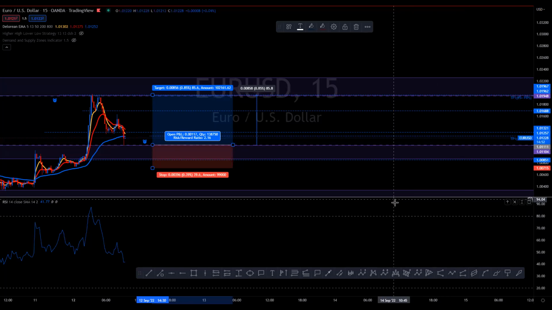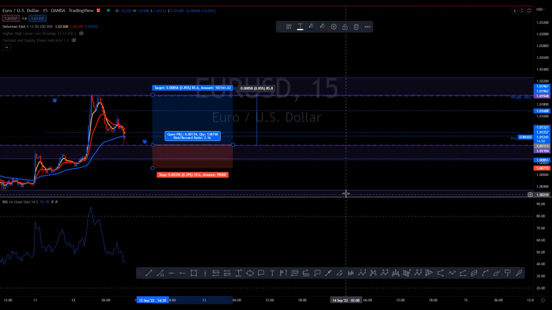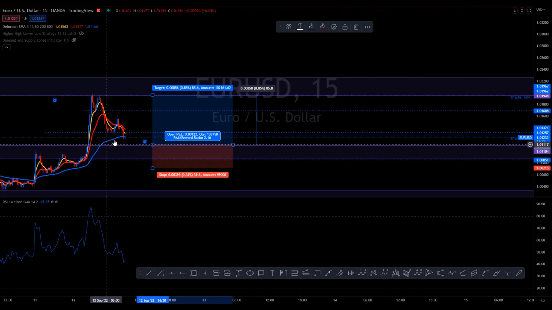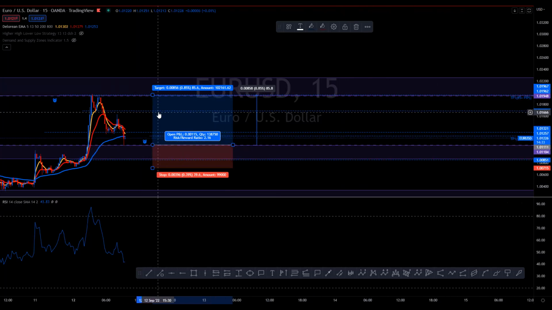All right, so now we're at the 9:30 candle. Thinking price will still come down, test this area, do one last swing, and then go up. That's what I'm really looking at.